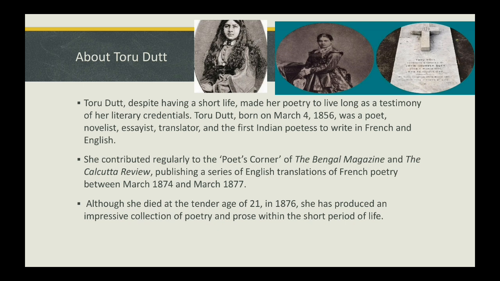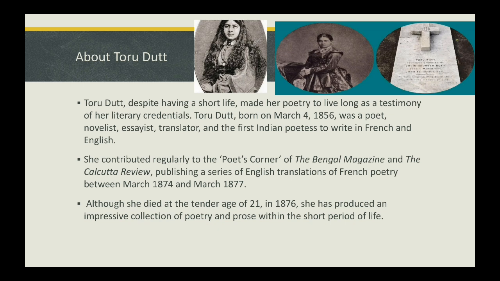She contributed regularly to the Poets' Corner of Bengal magazine and the Calcutta Review, and published a series of English translations of French poetry between 1874 and 1877. So everything happened in the 19th century.